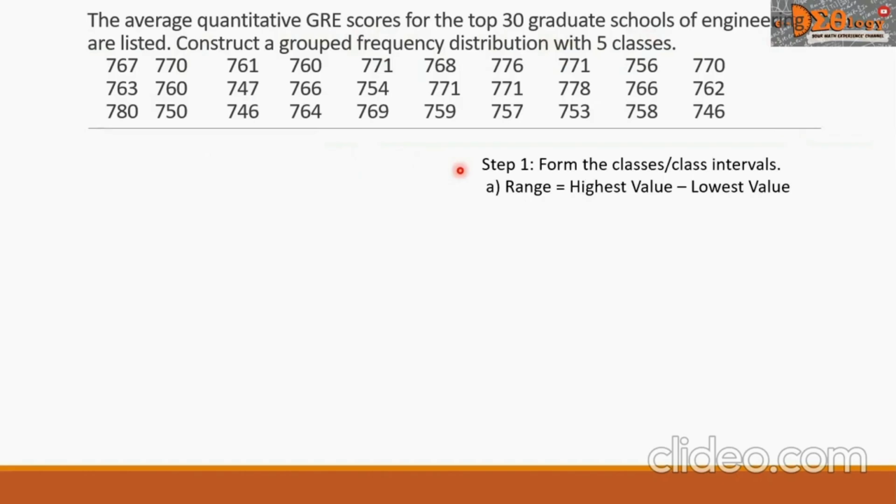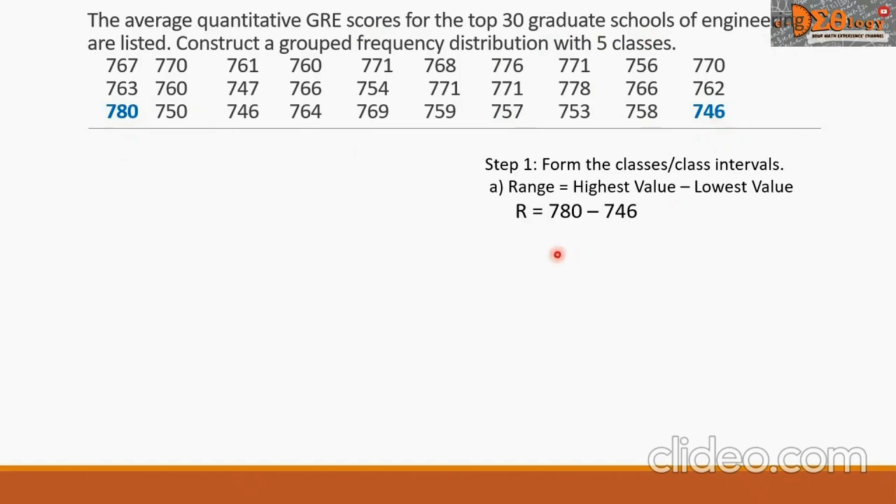Let's start with step 1A, and this is to find the range. First, let us identify the highest value and the lowest value. Browsing through the data, we can see that the highest value is this 780 and the lowest value is 746.